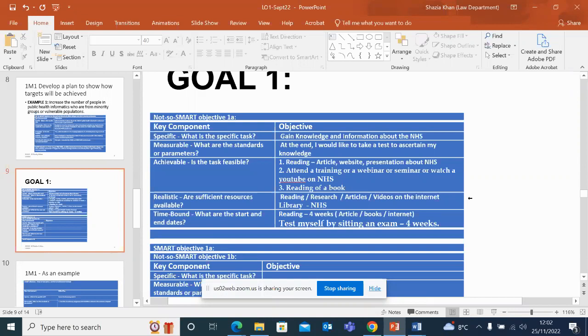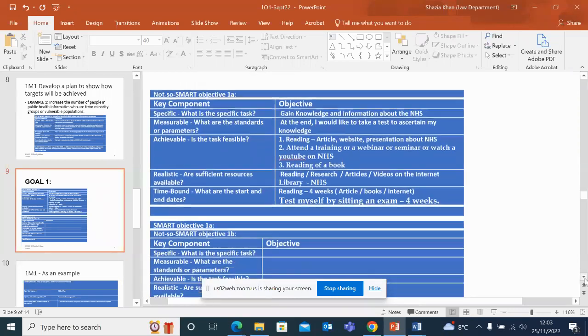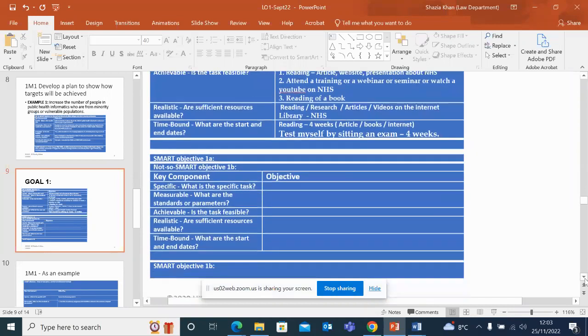So the reading side of it is 4 weeks where you'd read articles, books and internet, and then you test yourself by sitting an exam after the 4 weeks. So it's quite a good goal that, you know, where you look at it and then you test yourself. It's very important to test yourself to see if you have any understanding. So this is kind of like a SMART objective target to plan your targets and stuff.